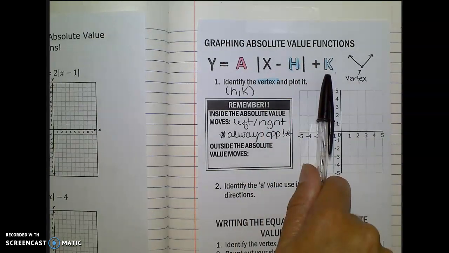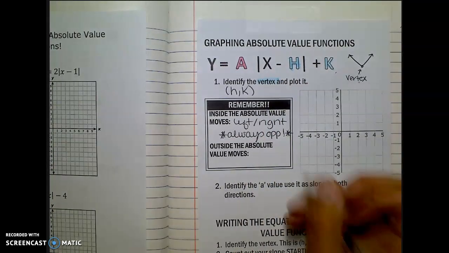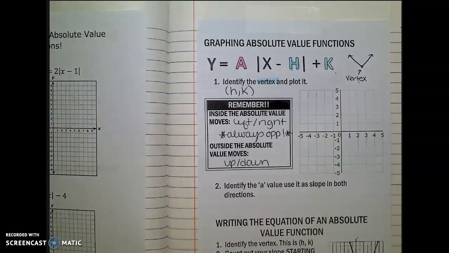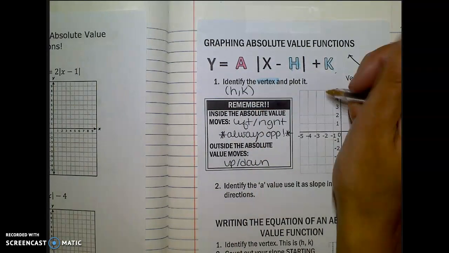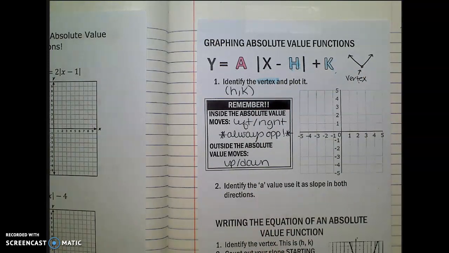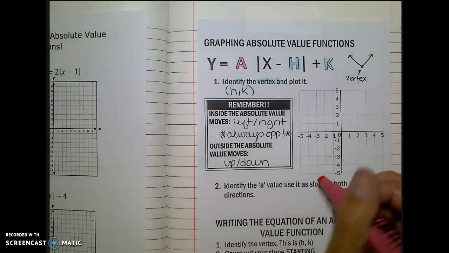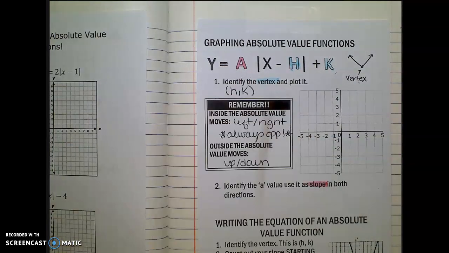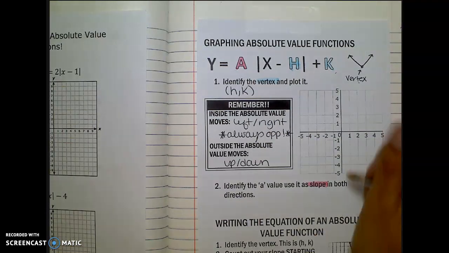And then the number being added or subtracted outside the absolute value moves us up or down. And it did exactly what we thought. Okay. So next, we want to identify our A value and use it as slope, which hopefully makes sense because it is the number being multiplied out front in both directions so that we get that V.